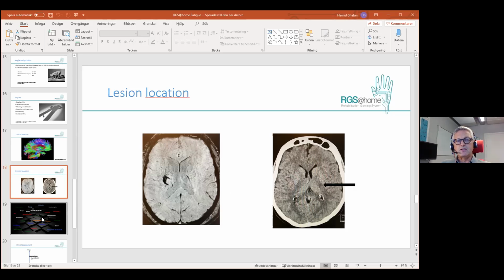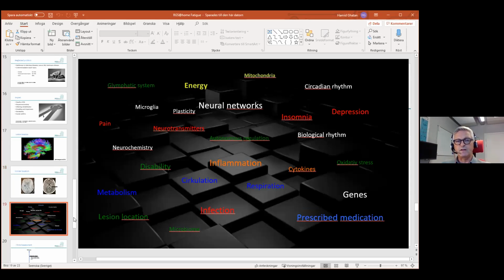And the explanations for fatigue, the cause for fatigue, just to illustrate the complexity of the question, there are many possible explanations for fatigue post-stroke. In the scientific literature today, it's related to the reorganization of the neural networks, that the new networks that have been developed are more demanding to maintain active.